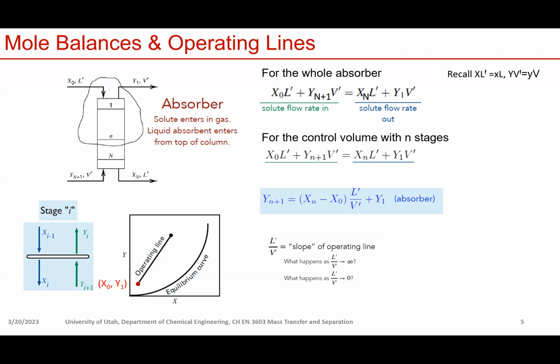Now, let's look at several representative points in this figure. What does this point mean? This point, the red point at the bottom of this operating line, what does this point mean?